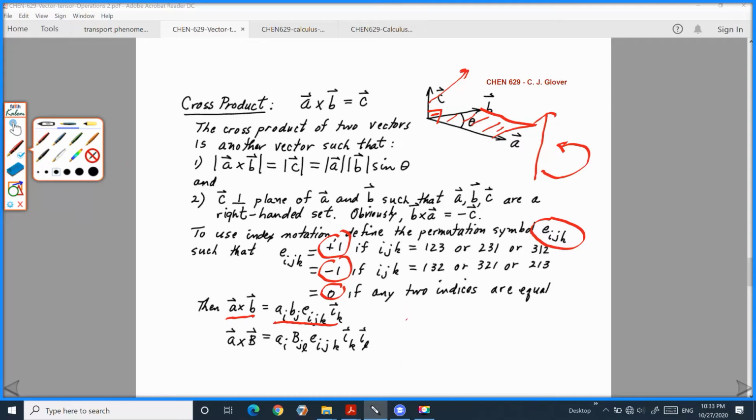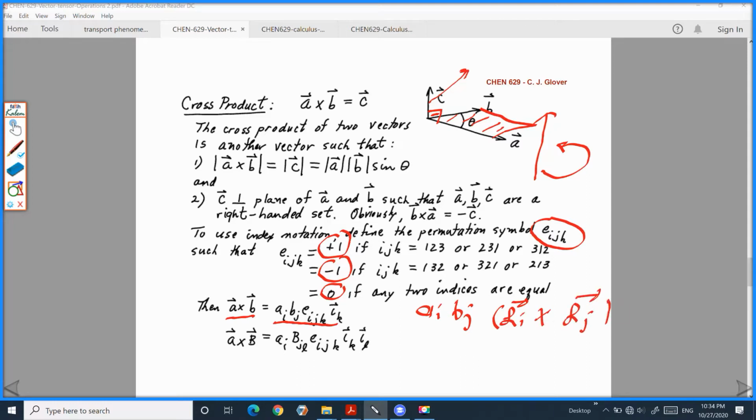Ai and Bj, and Li, this is the unit vector, and Lj, this is the unit vector of the vector B, and we obtain from here Bj, Eijk, Lk. This is the result of that one.